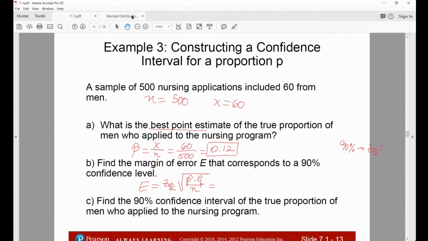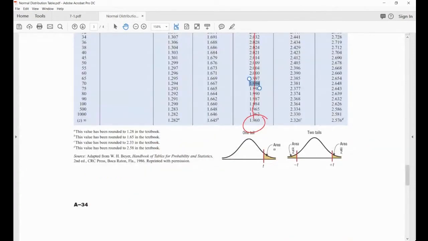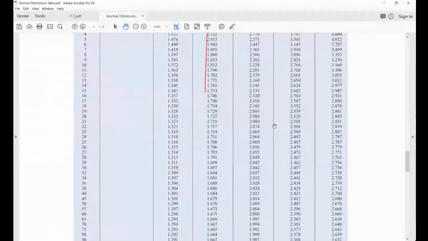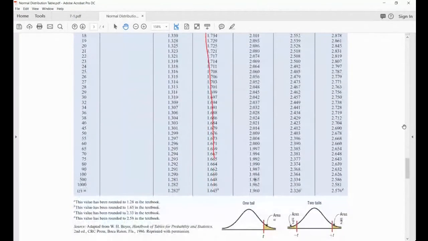In the last row of table F, in the first row we look for the confidence level. In this example, the confidence level is 90%. So what's the number in the last row? 1.645. Okay, so this is the critical value that we're going to use, 1.645.